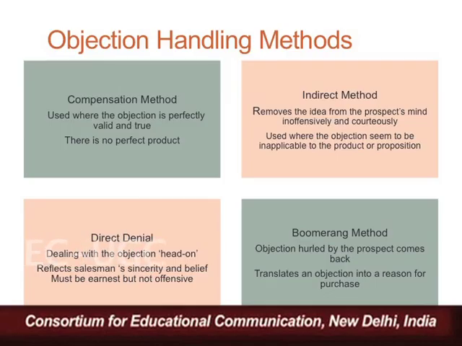The fourth method that can be used to counter the objections is the compensation method. This method of handling objections is generally used by the salesman where the objection is perfectly valid and true and must be admitted.